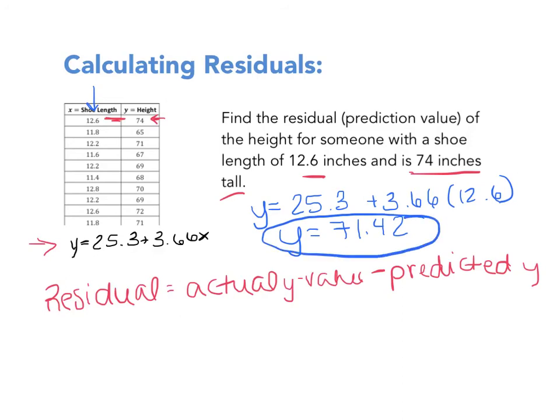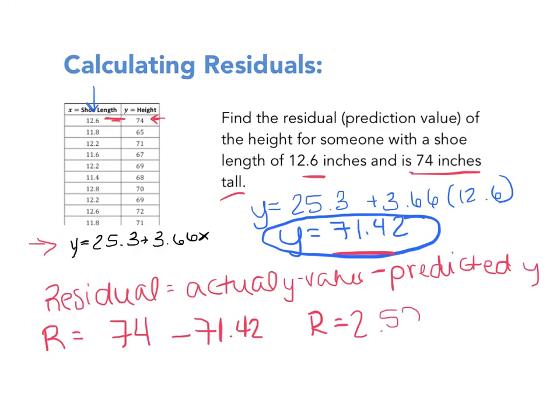So now let's go into the residual. We have the residual equals the actual y value, which is my measured 74 inches, minus my predicted y value, which I just found of 71.42. So my residual equals 2.58. Now this is our prediction error for this data set that we have.